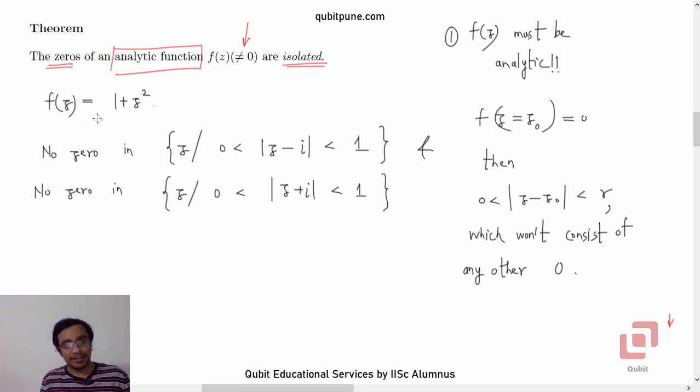Alright. So let us consider the same example that we have already discussed, f of z equal to 1 plus z squared. Now for this, there is no other zero in the neighborhood of the 0 z0 equal to i, because the other zero, which is negative i, is at a distance of 2 units on the complex plane.